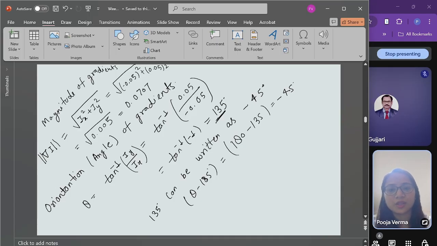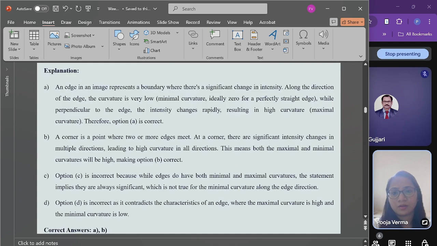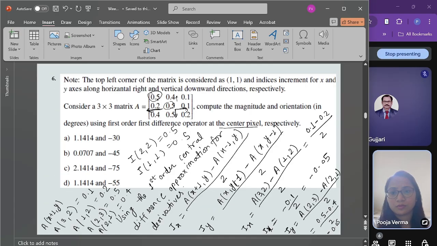So just check with the options. If 135 is not in the options and your gradient is matching, then 135 is also equal to minus 45. So here you can check: there is no 135.